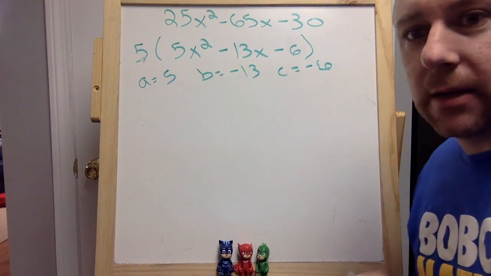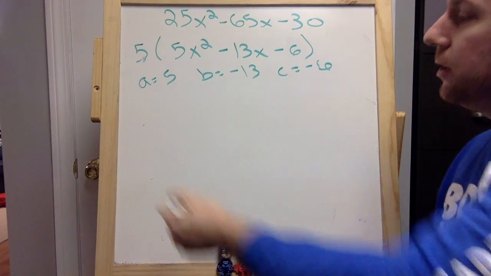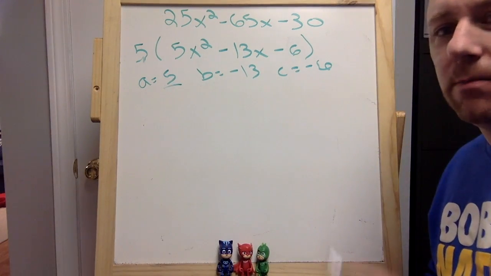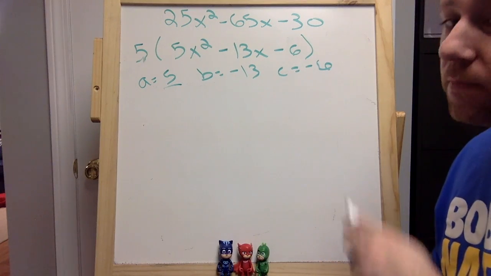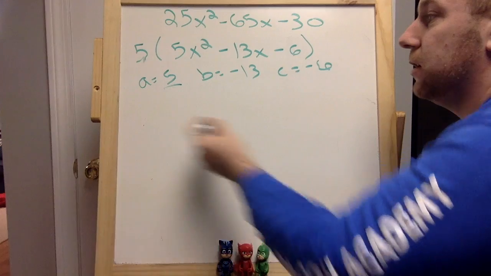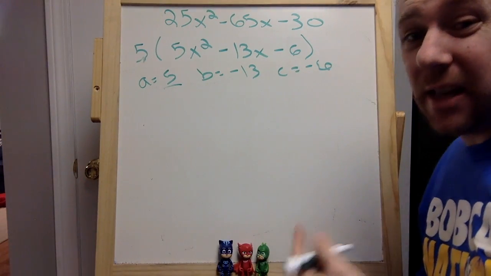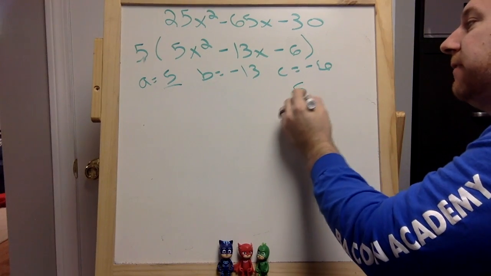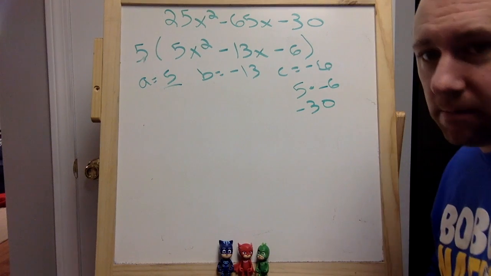I know you're probably getting sick of me writing that out all the time, but it does help. Note that I can't do the quick method of factoring because A is not 1. So I have to do, and I always like to write this on the side, A times C. So I have to do 5 times -6. So I got a -30.